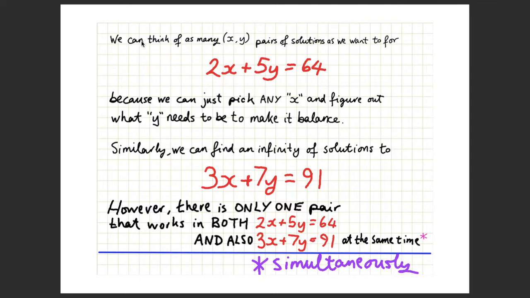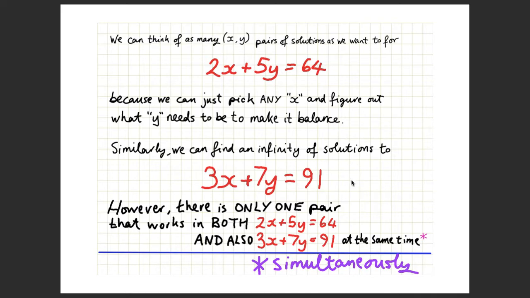So, as I said, we can think of as many xy pairs of solutions as we want for 2x plus 5y equals 64, because we can just pick any x and figure out what y needs to be to make it balance. And similarly, we can find an infinity of solutions to 3x plus 7y equals 91.